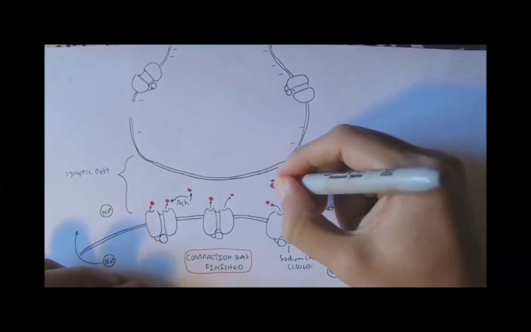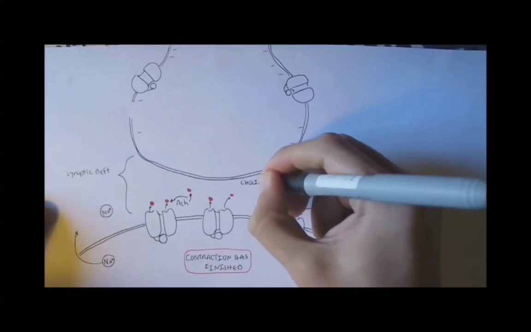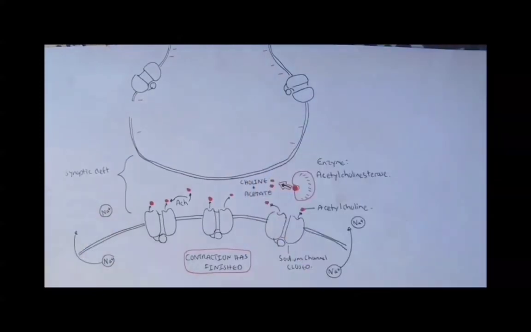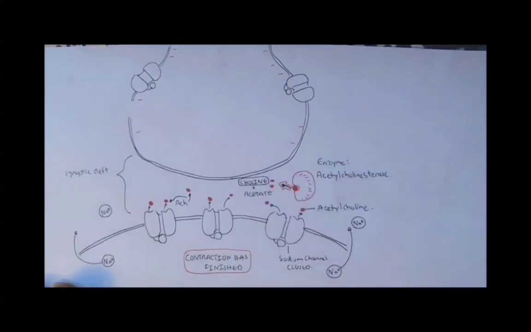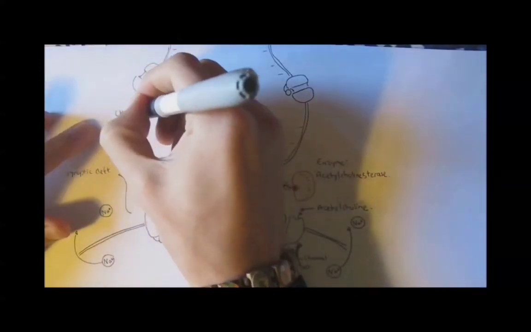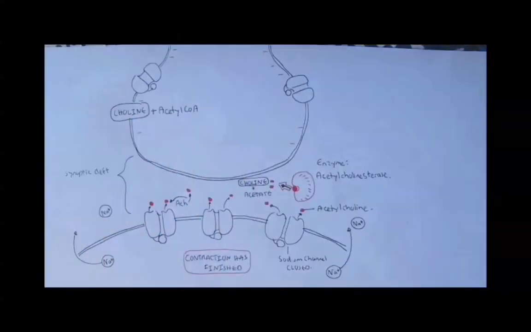The enzyme breaks acetylcholine into two molecules, choline and acetate. The enzyme does this in the synaptic cleft. Choline can be recycled again and combined to make new acetylcholine. So this process keeps going.